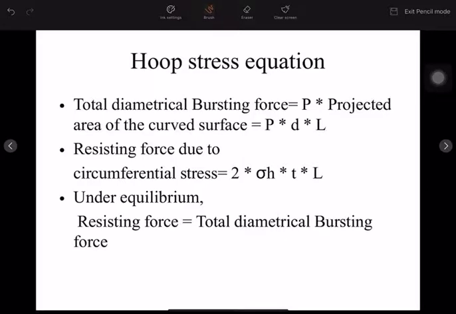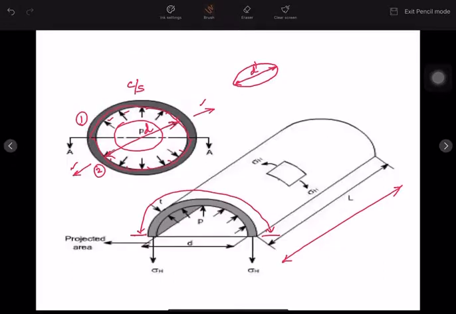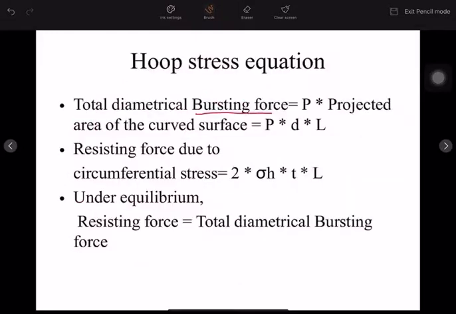Here, the total diametrical bursting force will create the damage to the section. That is because of internal pressure capital P. So we can calculate this bursting force as equal to capital P into the projected area of the curved surface.